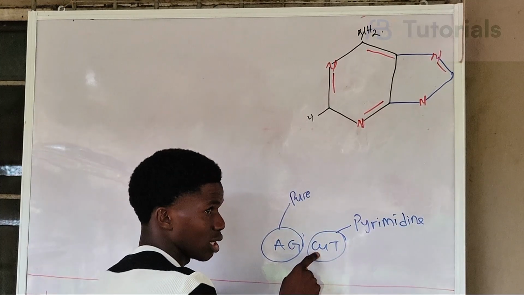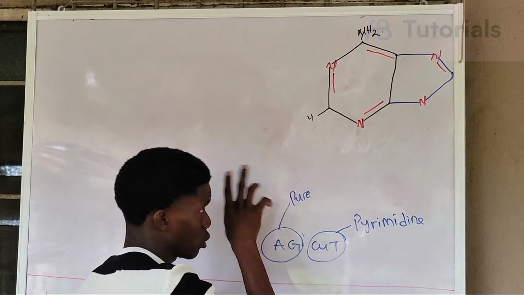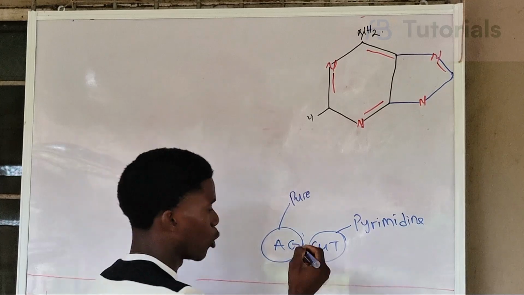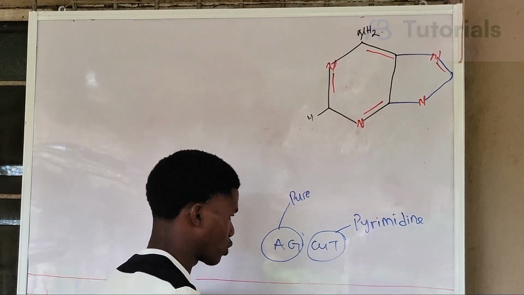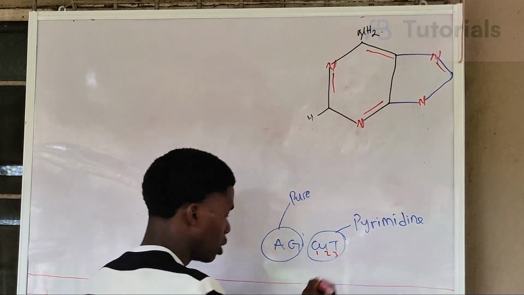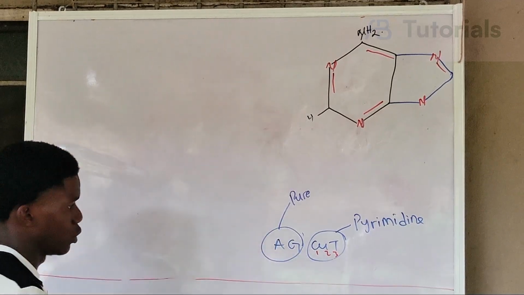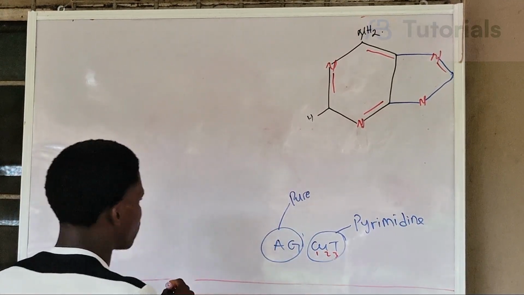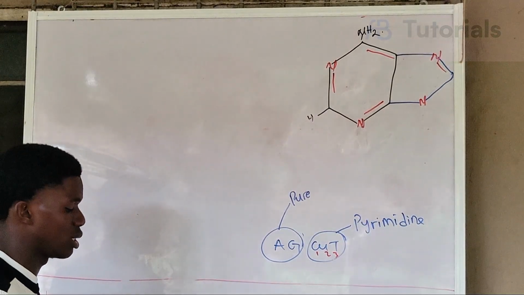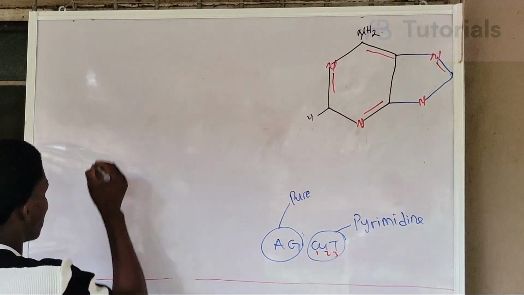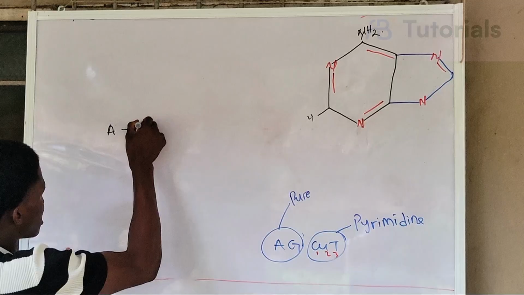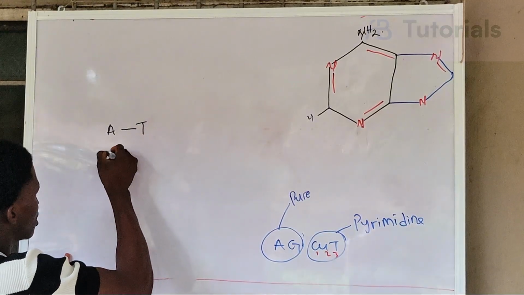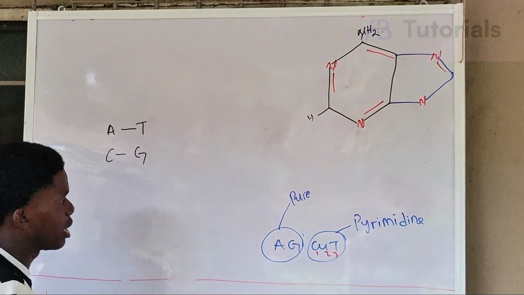You understand? I hope you understand it, because you will notice that in the structure we have this thing, but we are still basically using the cut as our 1, 2, 3. Now this is Adagula cut, probably like Adagula's hairstyle. So now the next thing for us to do is, how do we know that when A comes with T, how many bonds? C and G, how many bonds?